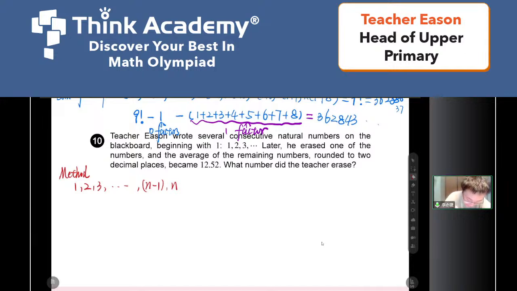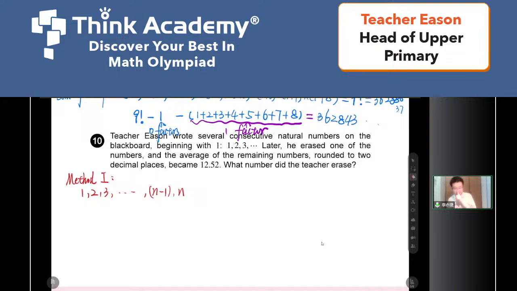So I'll tell you method 1, the regular way. We removed one number between 1 to n, but we don't know which number we removed, right? And then we get the final average.